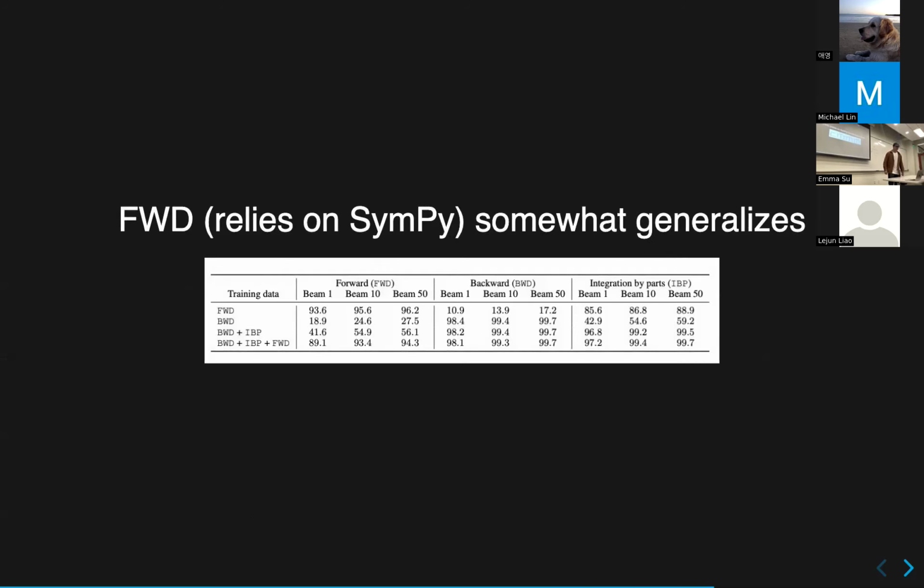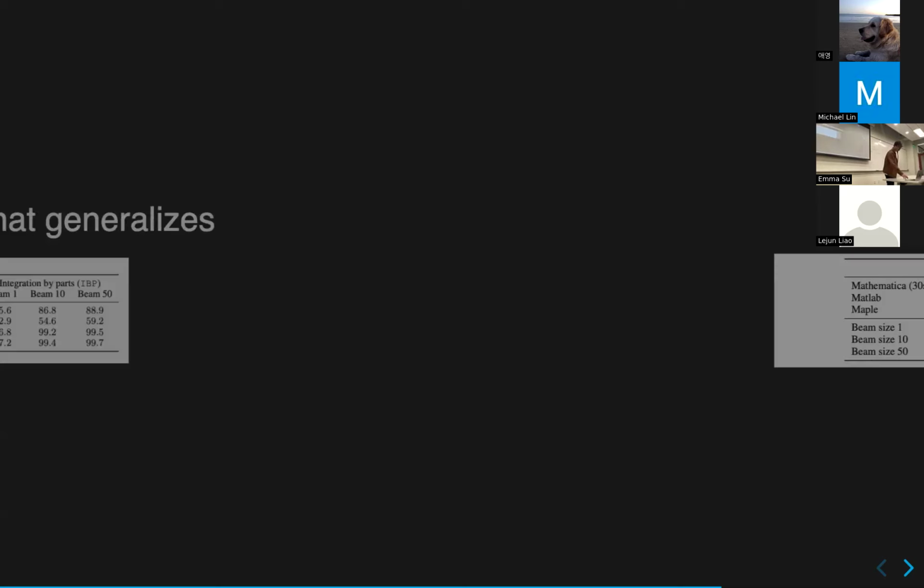Even with only training on the forward data set, which relies on SymPy, which has a lot of capacity to be inaccurate, like say it can't integrate something that is integrable, it still manages to generalize to situations where SymPy can't solve them. And we can see that here, where it has a non-insignificant amount of accuracy. So that's pretty cool, it generalizes.